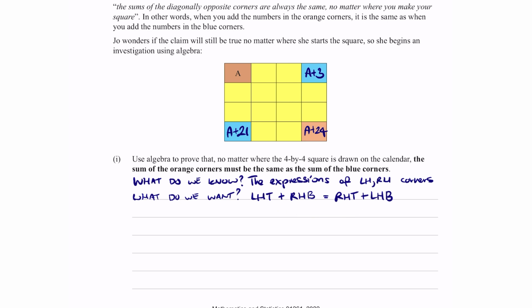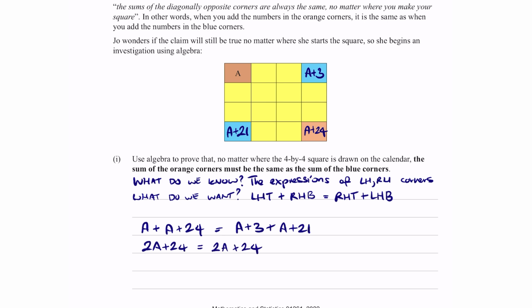So let's go ahead and do that. What's the left hand top? It's a, added with the right hand bottom, which is the other orange piece, a plus 24. This is equal to the right hand top, which is a plus 3, added with the left hand bottom, which is a plus 21. If we simplify this, 2a plus 24 is equal to 2a plus 24.